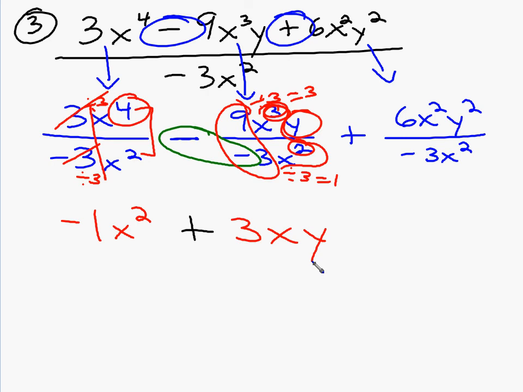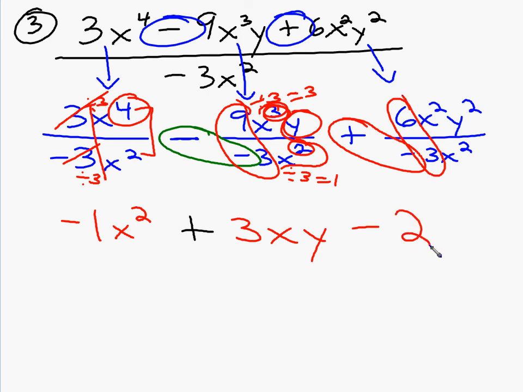The last fraction, I have plus and then a negative down there in the bottom. What's that going to become? Just a regular old negative. Okay? And then I simplify the fraction the same way we've been doing. What does 6 over 3 become? 2.